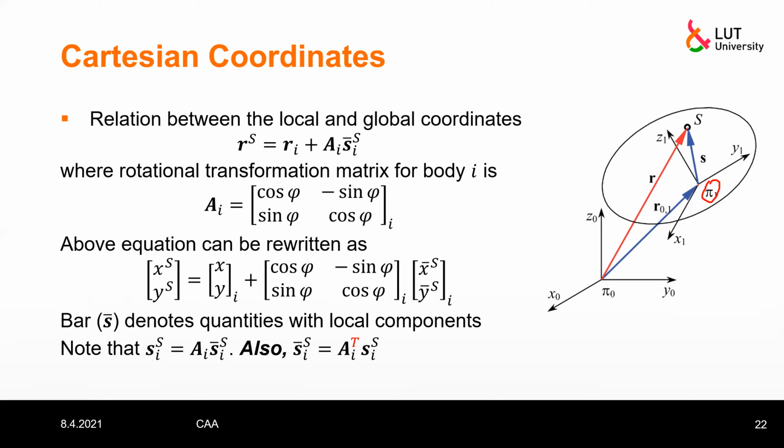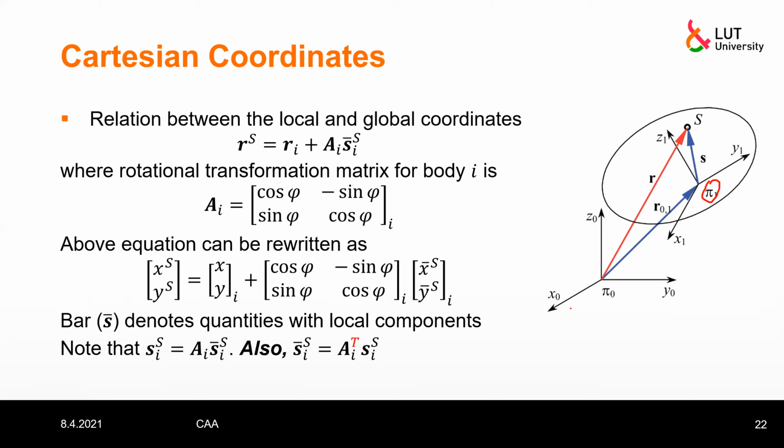And the story here is that s bar is constant over time, because this body is rigid. We have this frame P1, or Pi, attached to this body rigidly also. So under these conditions, the coordinates of that vector are known, and they are always constant. However, we must describe that point and that vector in global coordinates.